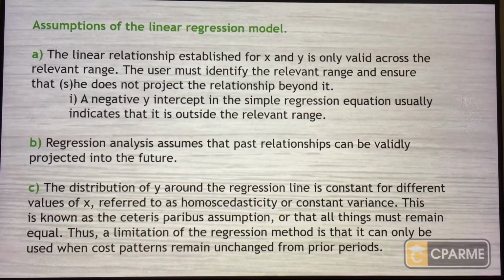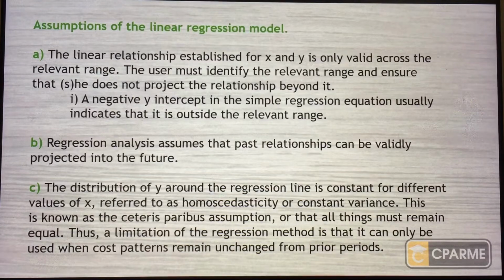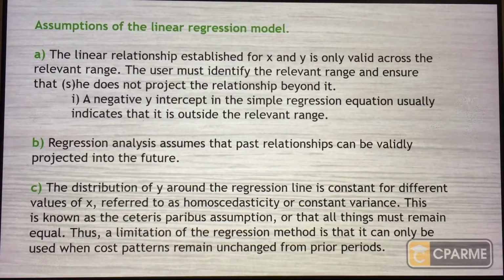For example, if it is within 200 to 300, then the linear regression analysis is feasible. But if it's more than 300,000, the regression model will not be good in doing the forecasting. And then a negative y-intercept in the simple regression equation usually indicates that it's outside the relevant range.